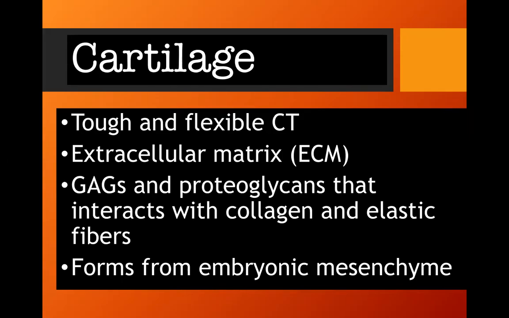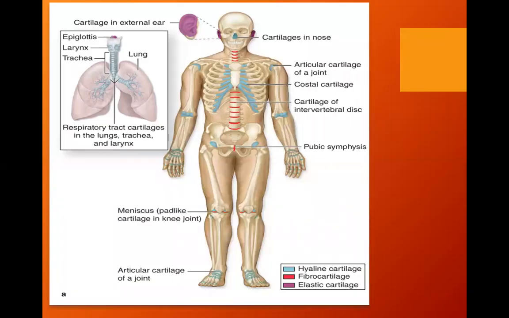Just like the bone, they form from embryonic mesenchymal cells, which in the bone are also known as the osteoprogenitor cells. Okay, so basically, this is a summary of the 3 cartilages that we will be learning today.